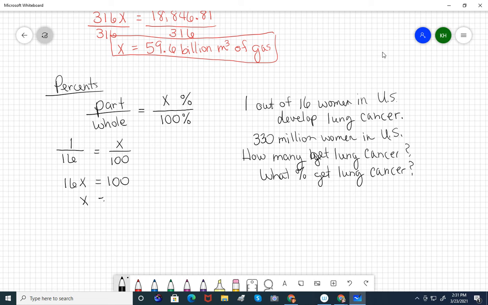And x will equal, well, let me show all of my work. I divide by 16. That's about 6.25%.